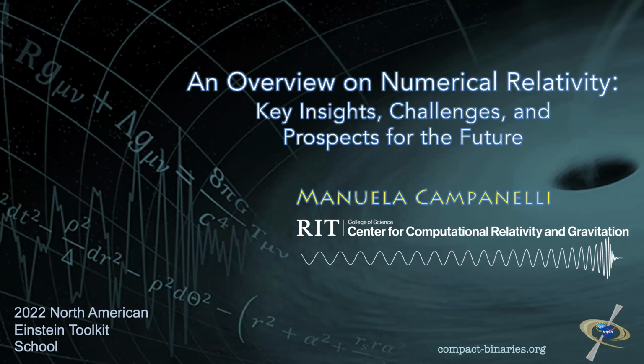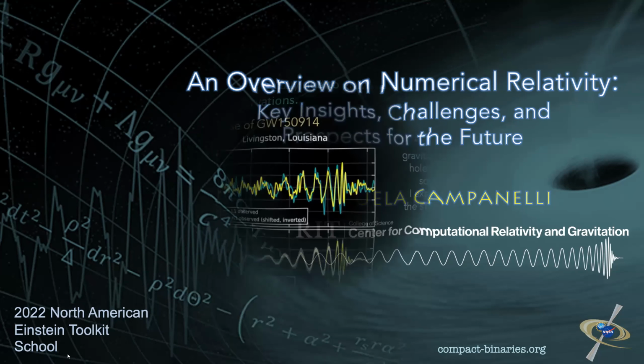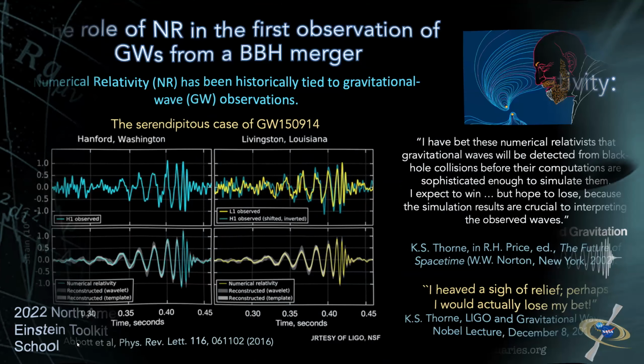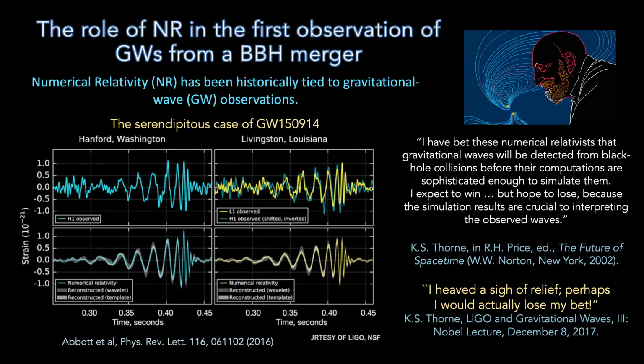I will start with the role of numerical relativity in the first observation of gravitational wave from a binary black hole merger. Numerical relativity, for those of you who have been around in this field for quite a while, you know that numerical relativity has been historically tied to the field of gravitational wave observations.